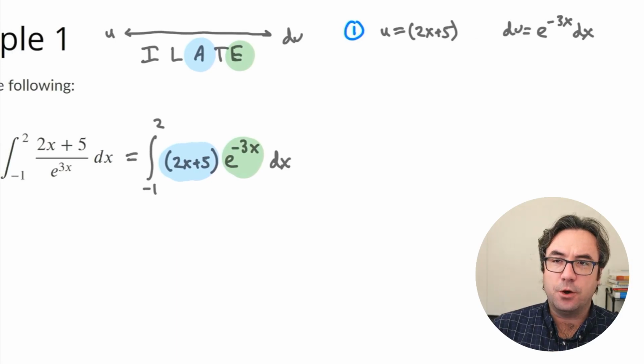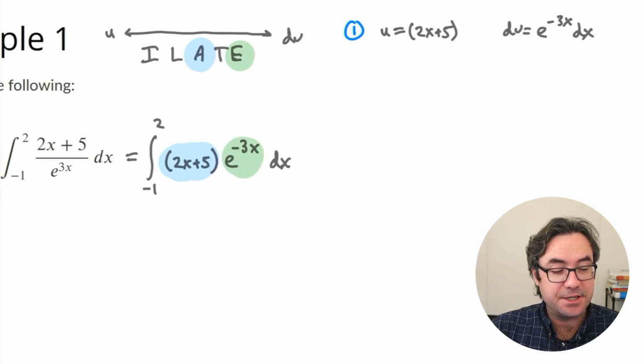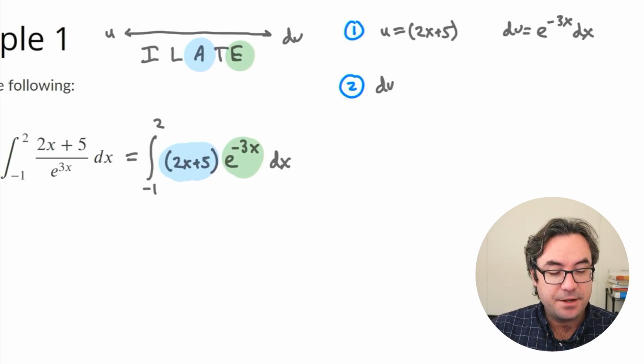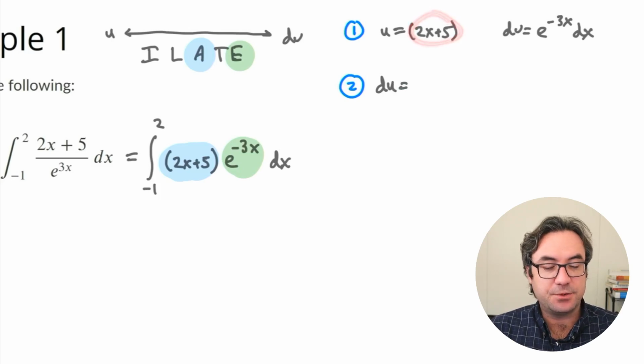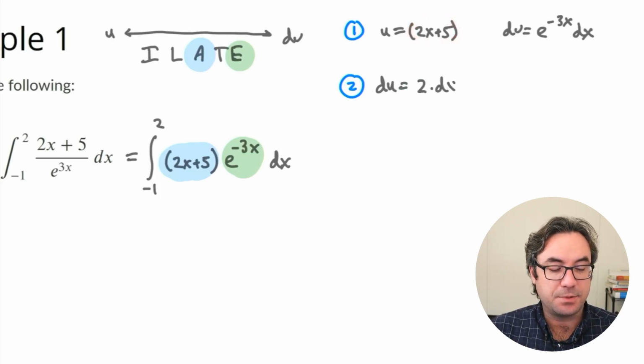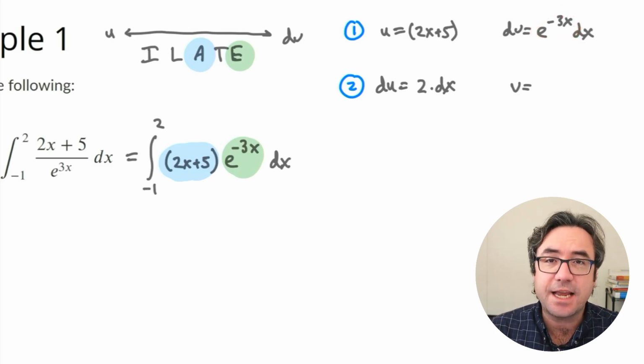All right, so the next step is to calculate the two other pieces that we need. We need du, so we're going to differentiate this. We get 2, and then we'll multiply by dx. And then we're going to integrate our dv to get v. This e to the -3x is a k-form.